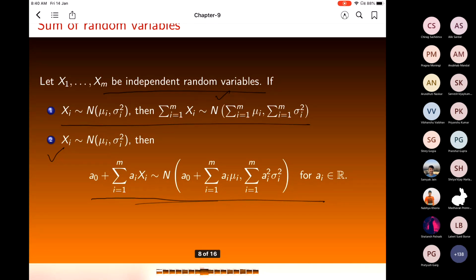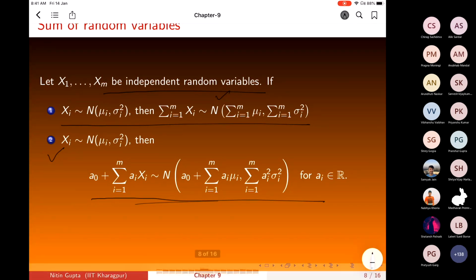Once you have to prove that thing, then only you can say for the next time that linear combination will be normal. Once you have proved once that linear combination will be normal, then after that you can say that because linear combination is normal, I will just find out mean and variance. That will be sufficient. But at least once you have to check.